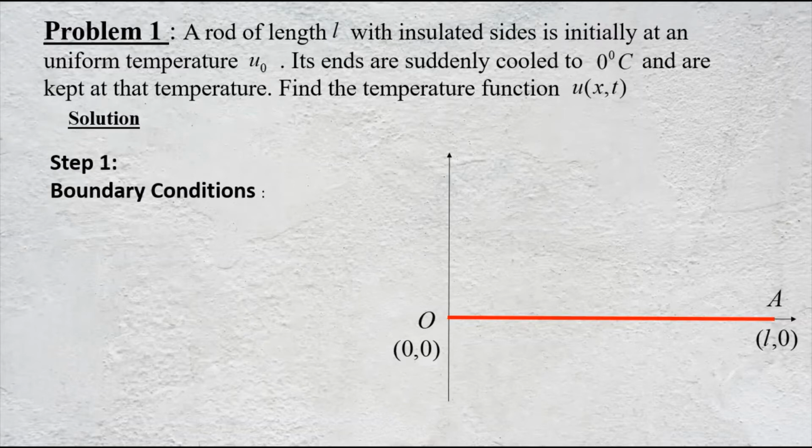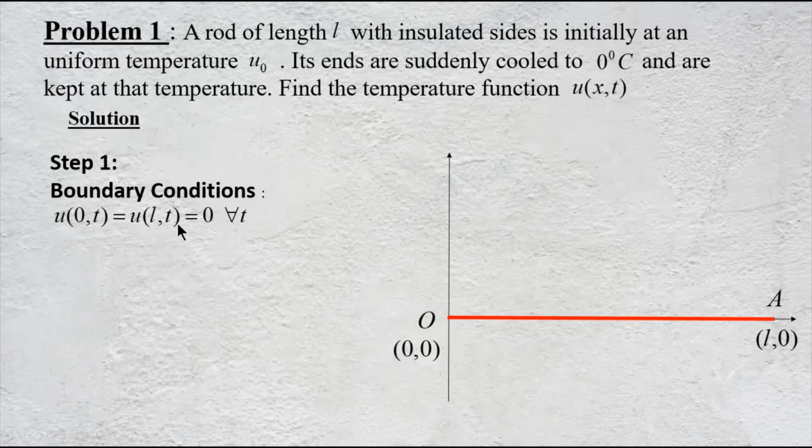Now step 1. As we have discussed while solving the heat wave equation problems, we are solving this particular problem considering 5 steps. In our first step, we are going to write down the given data as well as the solution to begin with. So here the boundary conditions are U of 0, t, that is when x is 0, U is also 0.